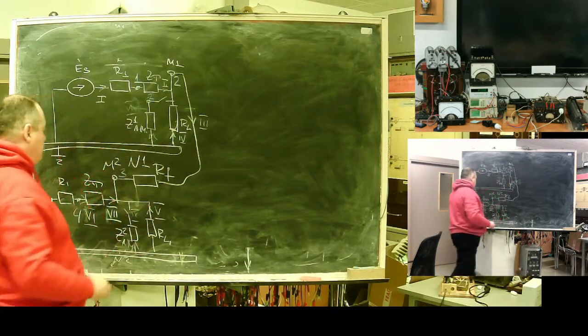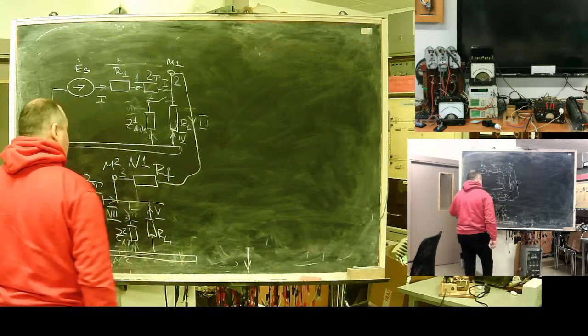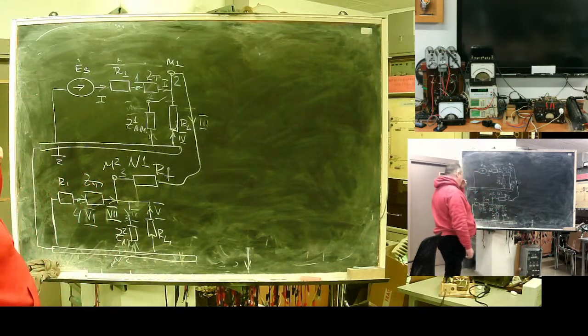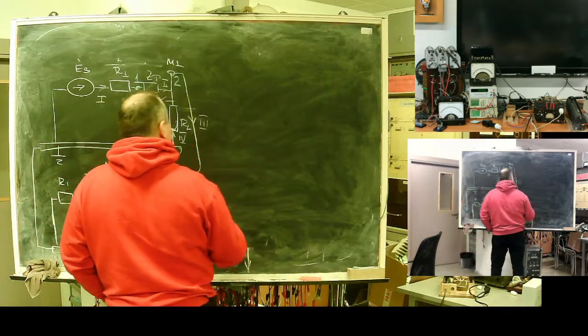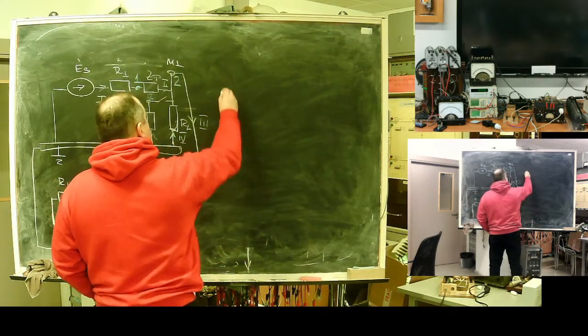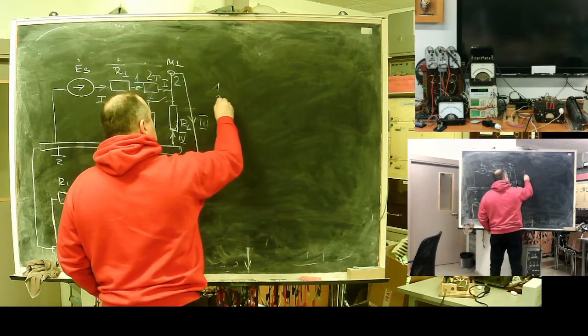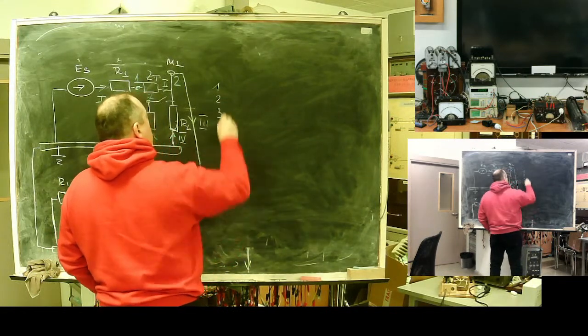So this means that it's the same 2 and this the same 3. So 1, 2, 3, 4 nodes.